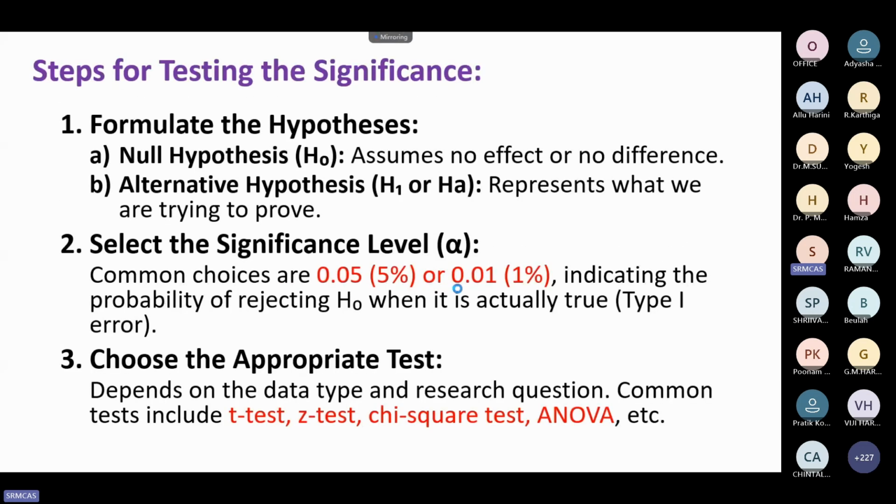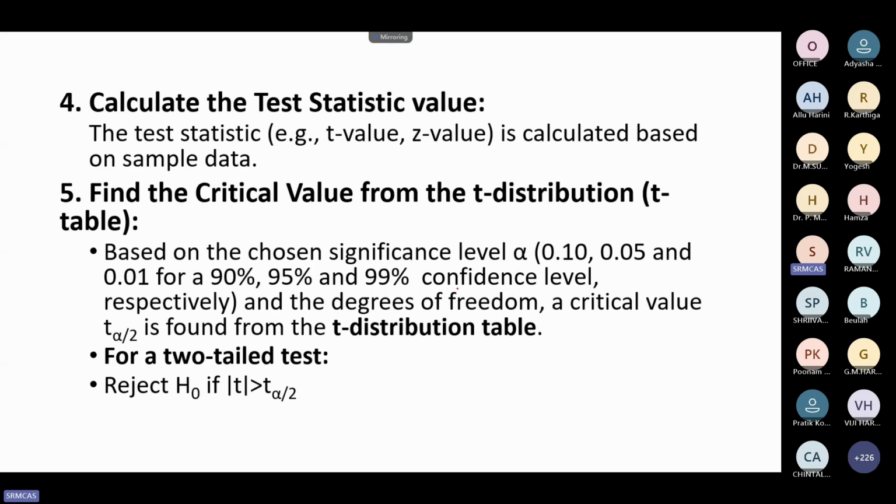Then we have to calculate the test statistic, that is, a calculated t value or z value. Then it should be compared with table values. Based on the calculated value and table value, we can take the decision. Actually, the calculated value should be more than the table value.